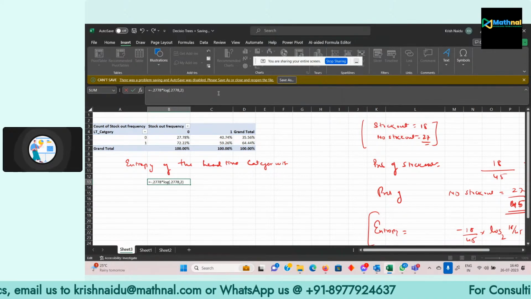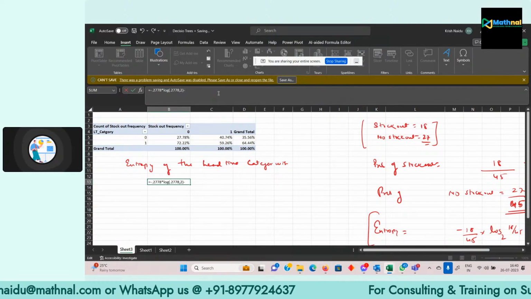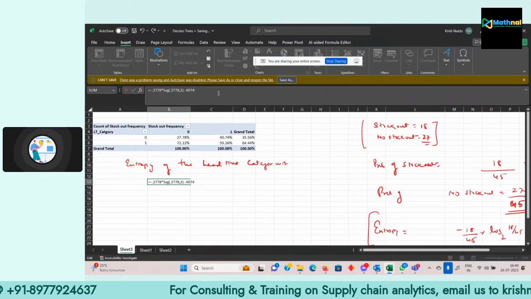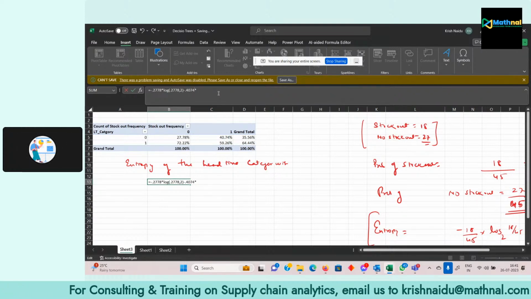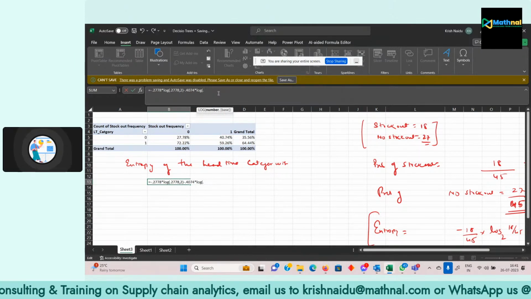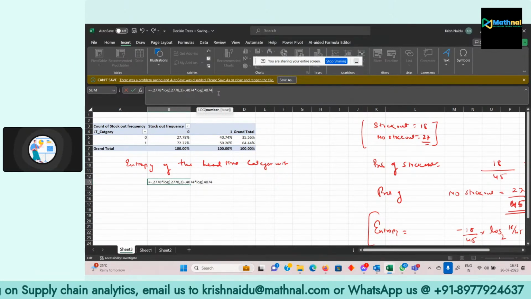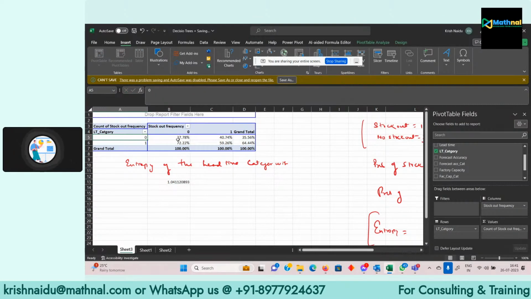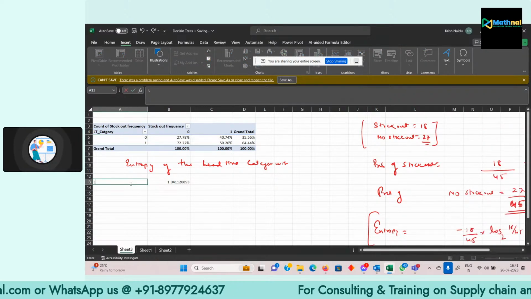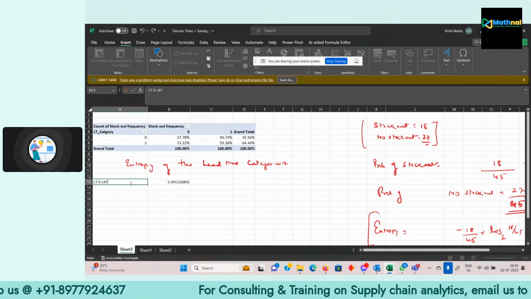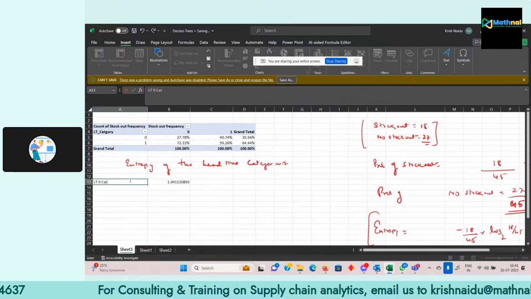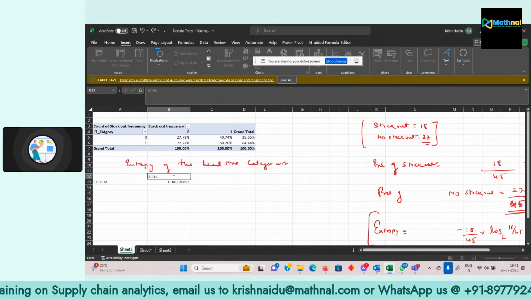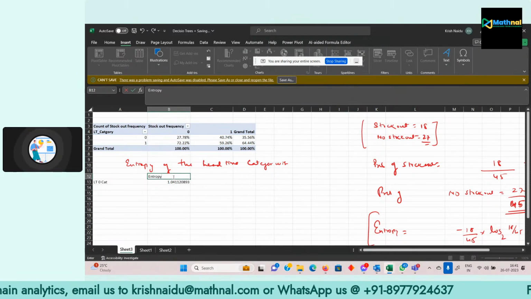Then again the minus sign, and I'm going to put 0.4074 into log of 0.4074 to the base 2. So this is 1.04. This is for the zero category, lead time zero category. I'll give a column name, entropy, and this is my category.